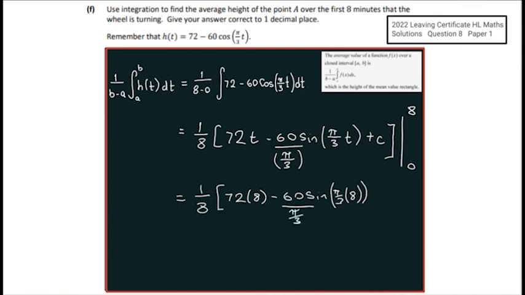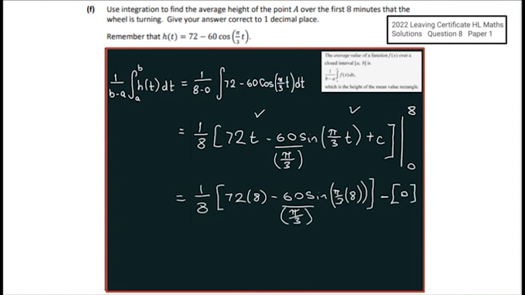Here we can leave it like that. Okay, and then we're going to go with minus 0, because if we sub in 0 for our t and for our t over here, we will get two values of 0. So we can just write, to save some workings, 0 over here.